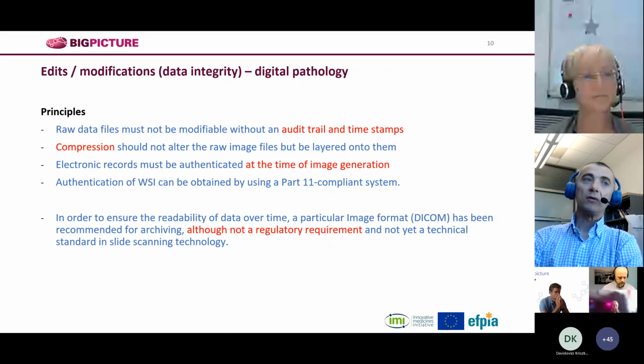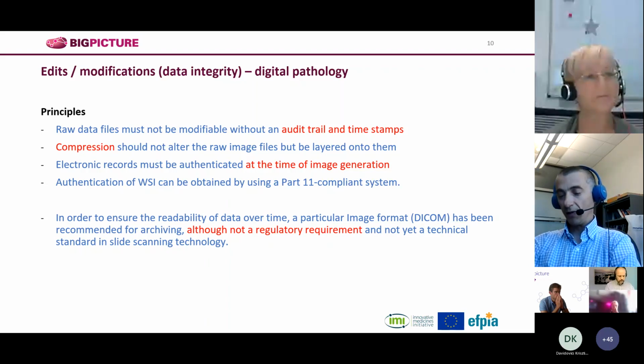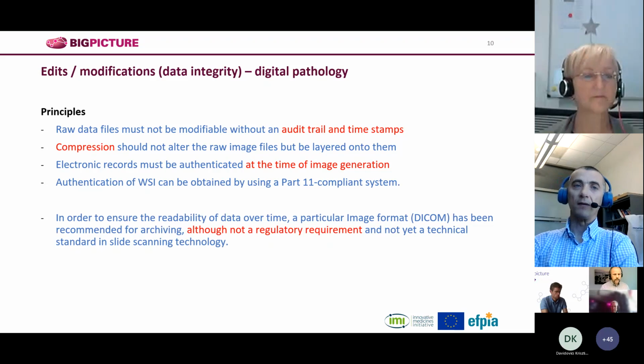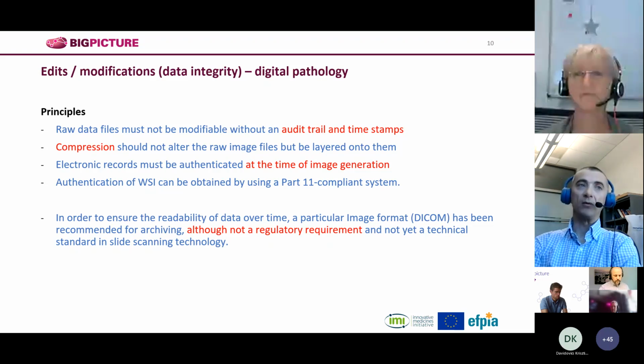So in general, the part of regulation in the US that's about electronic records is part of the CFR, the Code of Federal Regulation. It's 25 CFR Part 11, and it gives a certain number of recommendations regarding the manipulation of electronic records.